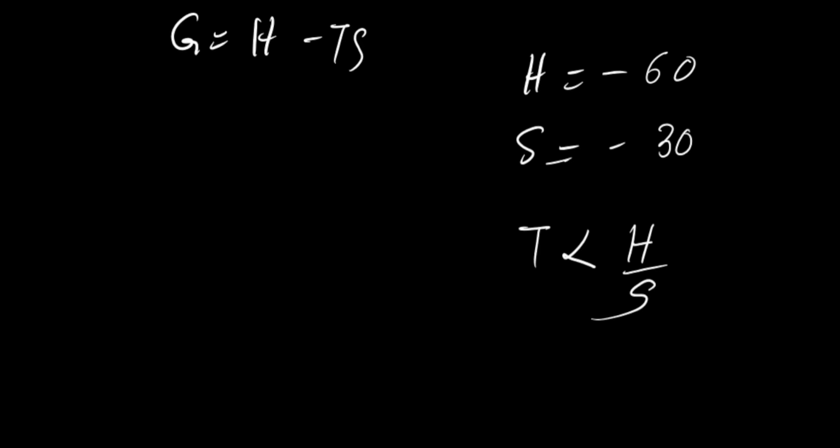It means that the ratio of these two would be 60 divided by 30, which is equal to 2. In order for this reaction to be spontaneous, the temperature must be less than 2.